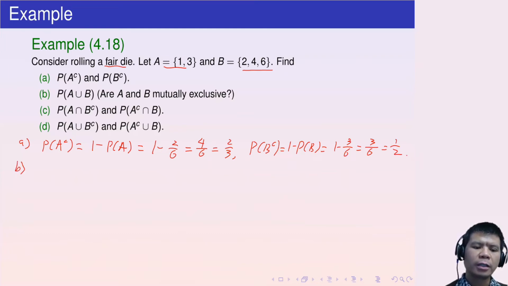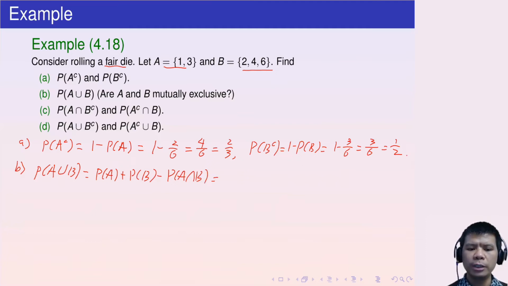And for B, the probability of A union B, now using the addition rule, is the probability of A plus the probability of B minus the probability of their intersection. Probability A is 2 over 6, B is 3 over 6. The intersection: what is A intersected B?